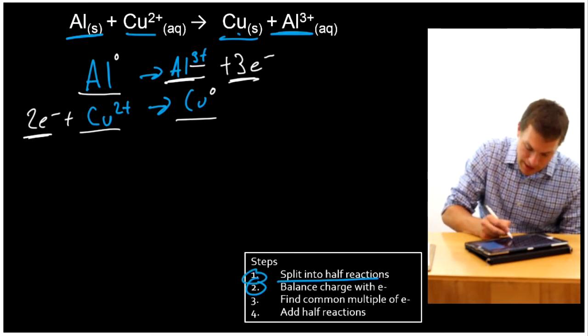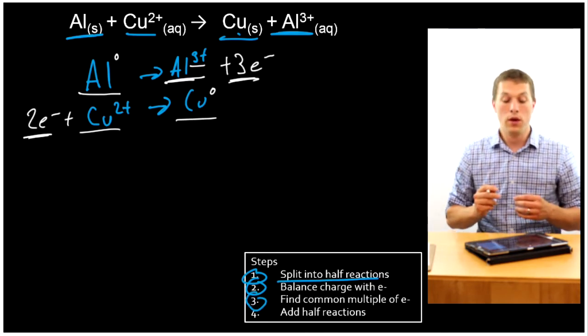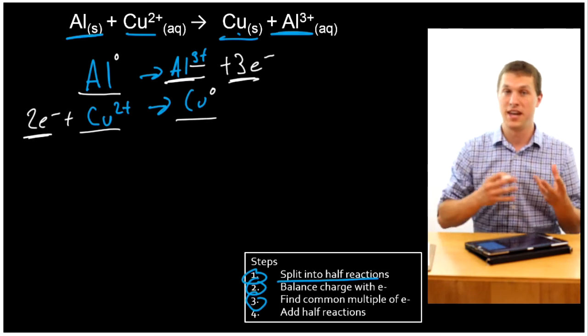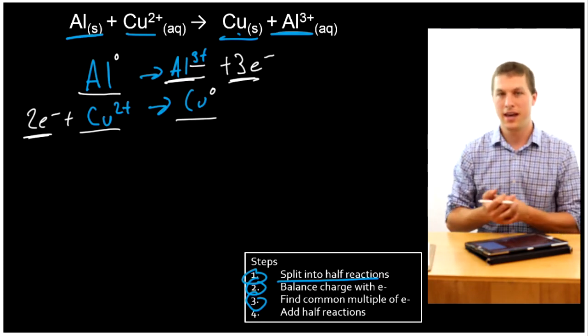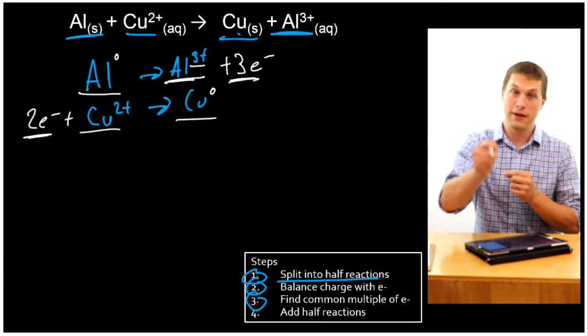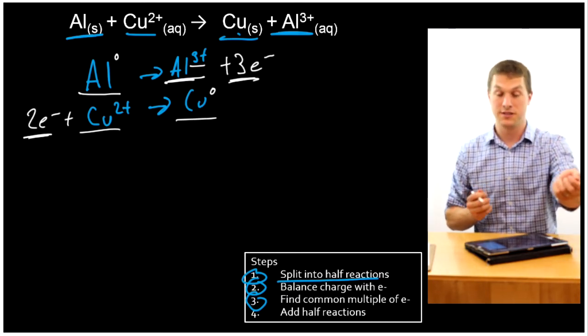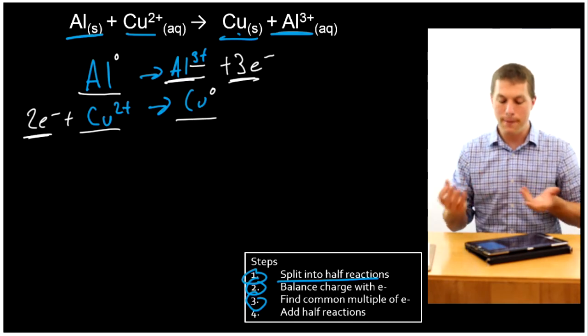Now, step 3, find common multiple of electrons. So when I'm running redox reactions, one of my elements is giving up electrons, the other one's gaining. Those numbers have to be equal. Just like if I pay you for something, if I give you $5, you're going to gain $5, right? If this aluminum gives up 3 electrons, copper has to gain 3 electrons. Well, they're not balanced right now.